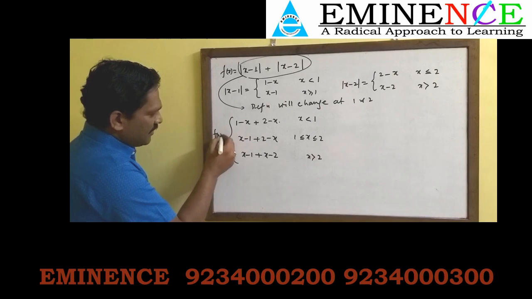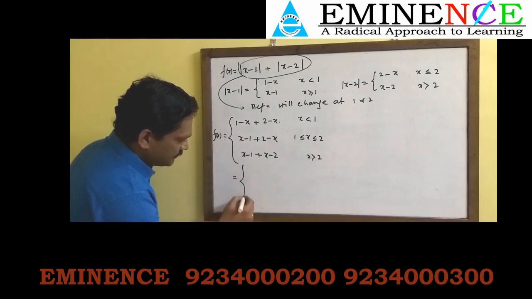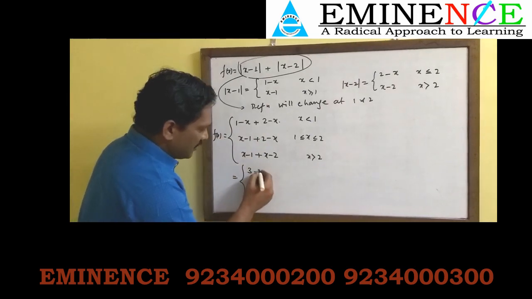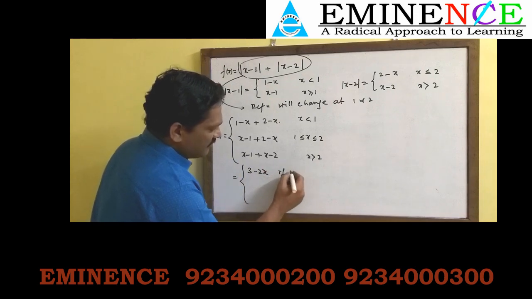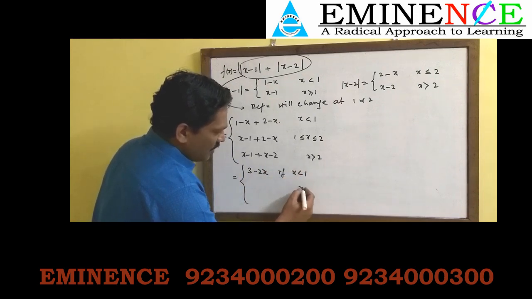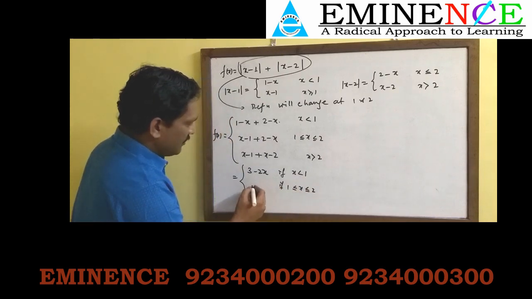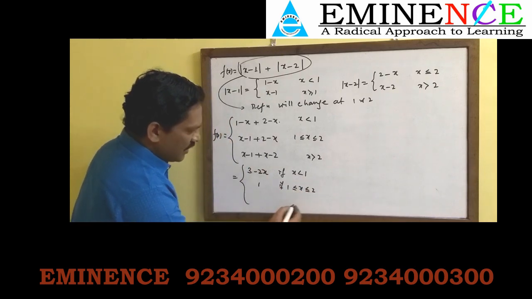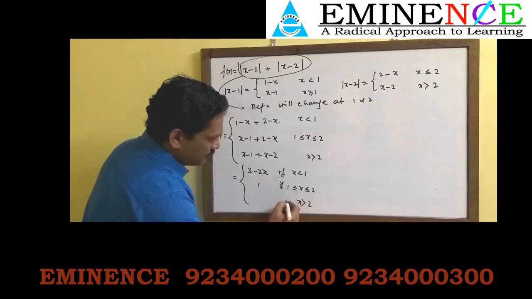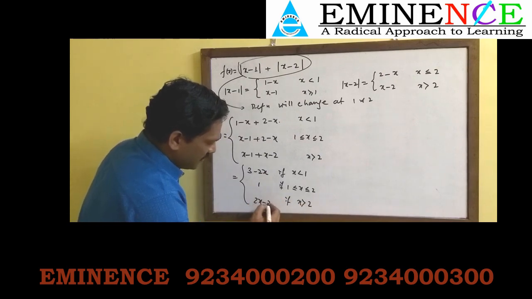Now, if we simplify this, you get how much? You get 3 minus 2x if x is smaller than 1. If x is lying between 1 and 2, it will be 1. And for x greater than 2, it will be 2x minus 3.